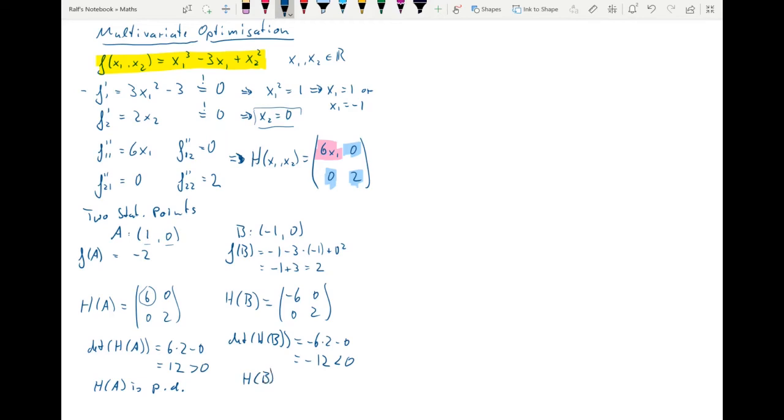If you have a negative determinant, you immediately know that the Hessian here is indefinite. So what does that tell us about the points A and B? If the Hessian is positive definite at point A, then we know that A is a local minimum. And if the Hessian is indefinite at point B, we conclude that B is a saddle point.